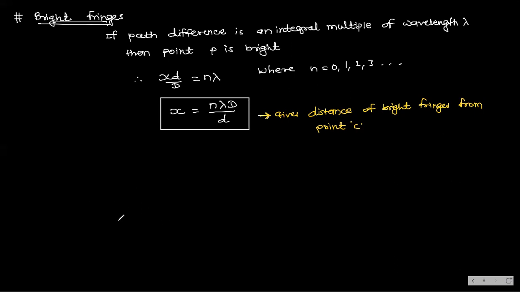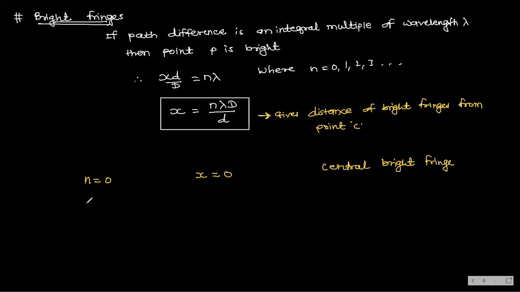Now I am giving you one table, you will understand nicely. So see here, if n is equal to 0, then x is also equal to 0. What will you get? Central bright fringe. Okay, central bright fringe.